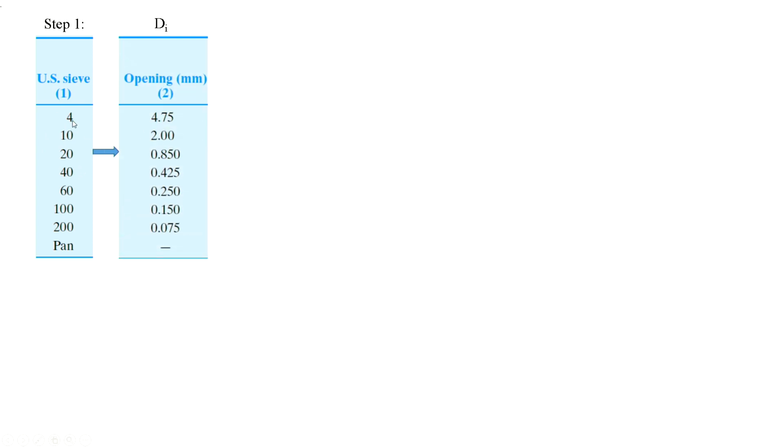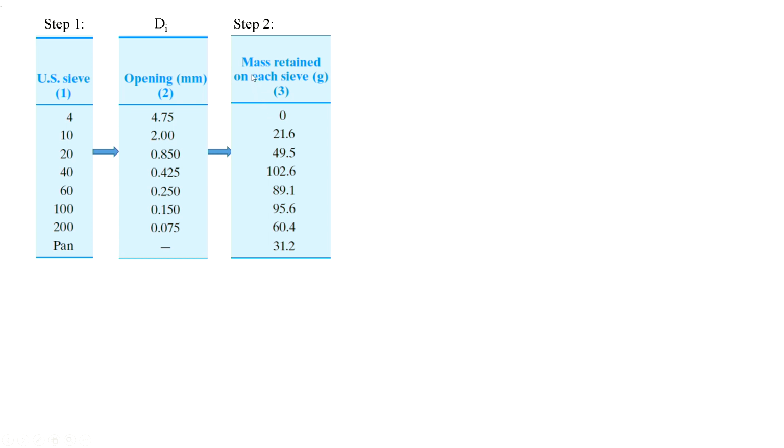For example, for 4, it is 4.75 millimeter. For 10, it is 2 millimeter, 20, 40, 60, 100, and 200. Finally, you got the corresponding opening for each sieve number, right? You got the x-axis number.